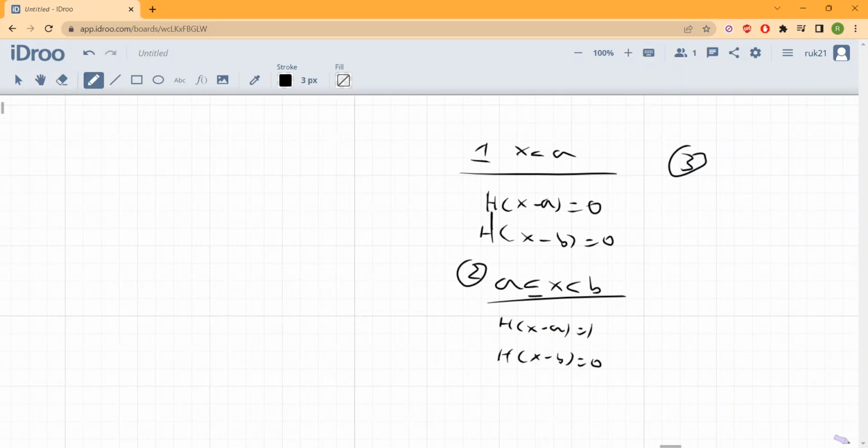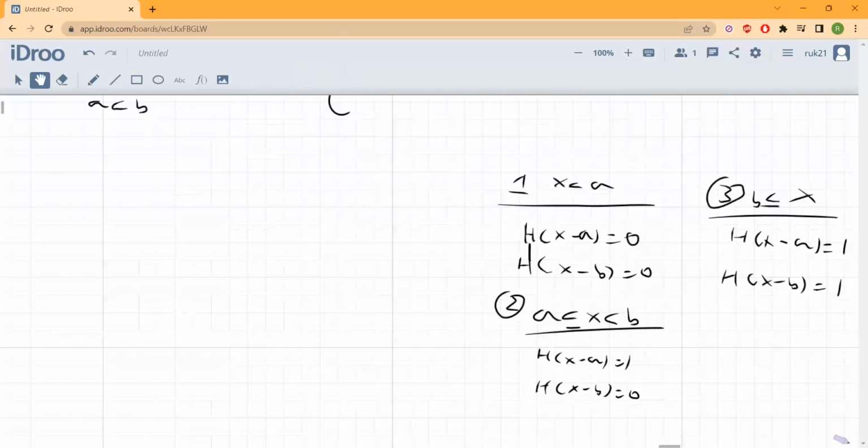Hopefully it's self-explanatory; try going back and writing out what h of x minus b and h of x minus a are. Finally, in case 3, if x is greater or equal to b, then h of x minus a is going to equal 1, and h of x minus b is going to equal 1 as well.